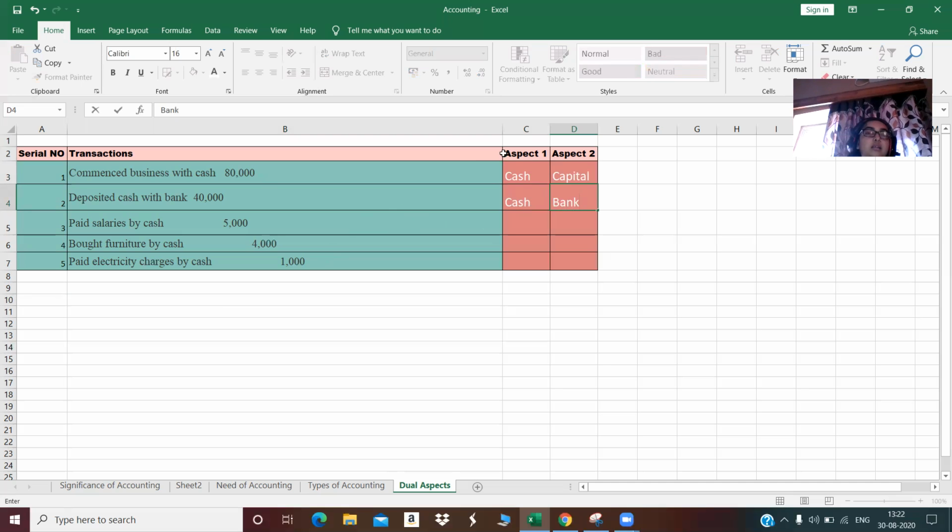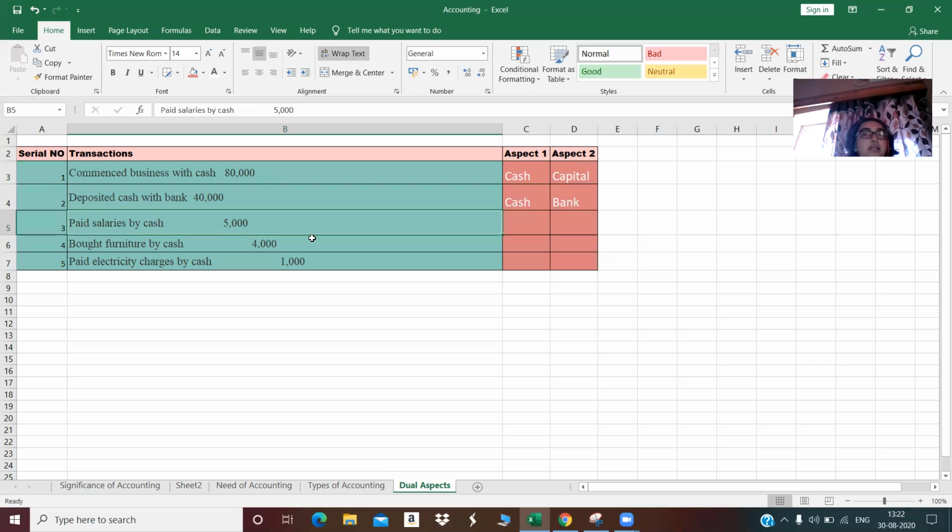Now the next entry, that is salary paid by cash 5,000, means in my business there are a few employees whom I need to pay on time. They are the salaried employees. So salaries are paid to them. That means what are the two aspects? I am paying salary, means my cash or bank is being decreased.